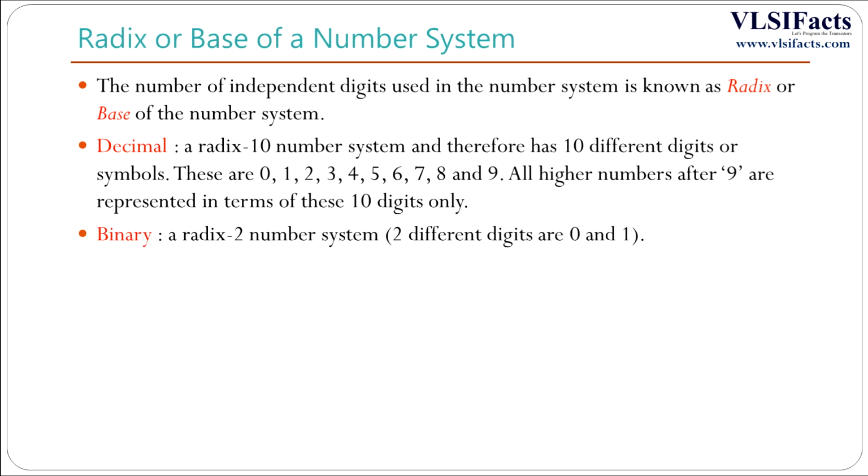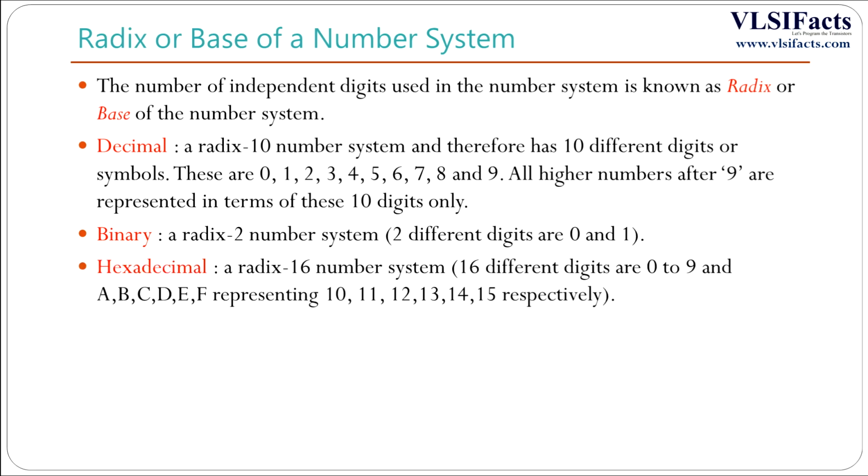Similarly, binary is a base 2 number system which has 2 digits such as 0 and 1. Now in case of a hexadecimal, it is a base 16 number system and the 16 digits are comprised of 0 to 9 and A, B, C, D, E, F. The 6 English characters represent 10 to 15 respectively.